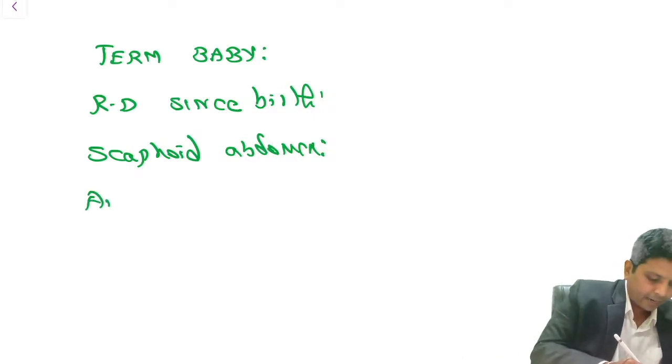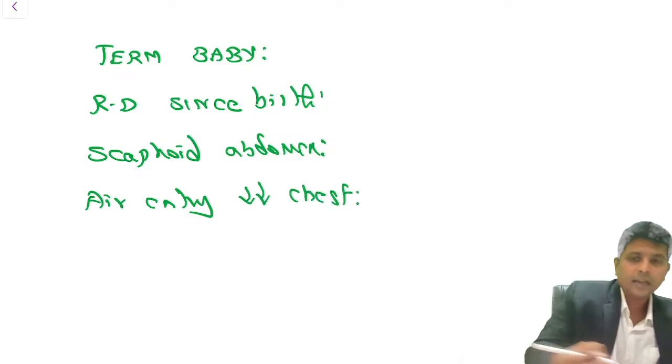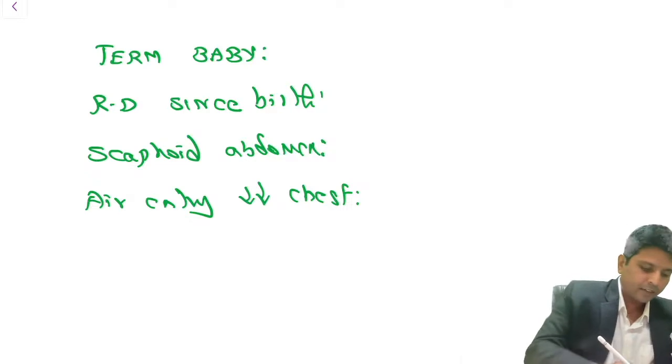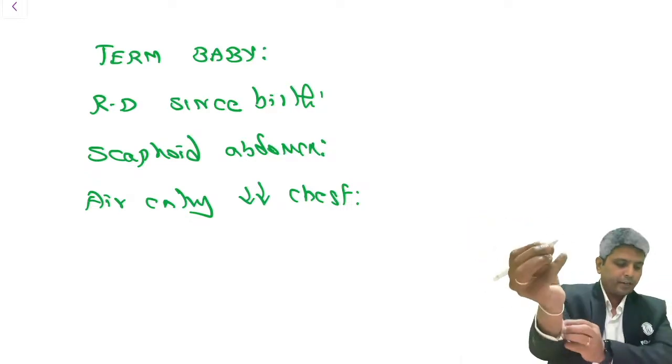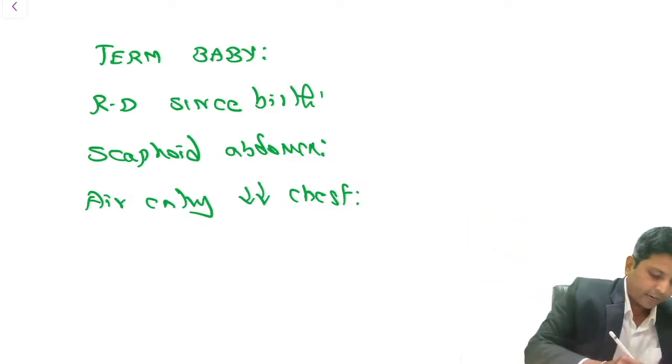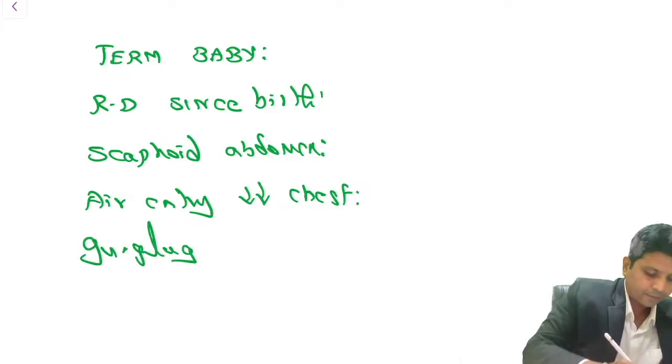Then air entry is reduced in the chest, either on the right or on the left. Next, apart from that, what else can you have? You can hear gurgling sounds in the chest.